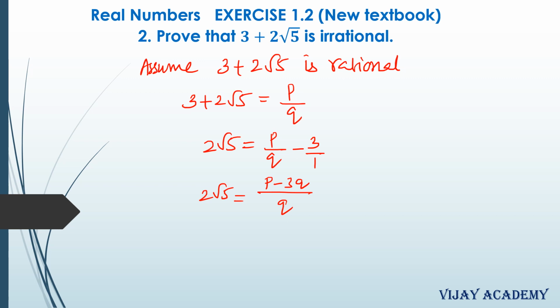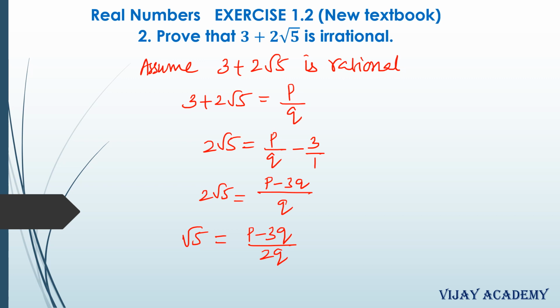Transpose 2 also and isolate root 5, so we get root 5 on one side of the equal sign, and in the RHS we get p minus 3q divided by 2q. After you transpose 2 to the RHS, it goes to the denominator, so we write that as 2q.